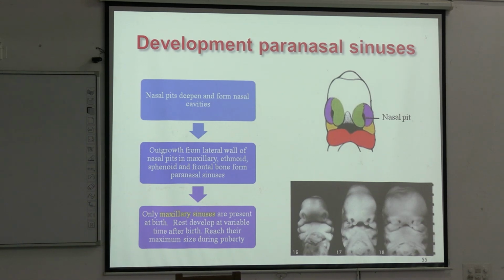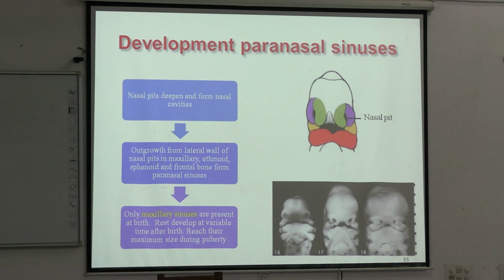The rest of the sinuses, like the frontal sinus, ethmoidal sinus, etc., are created later. So, the maxillary sinus is the only and largest paranasal sinus that we are born with. This is an MCQ question that we see sometimes, asking about the first sinus to develop.